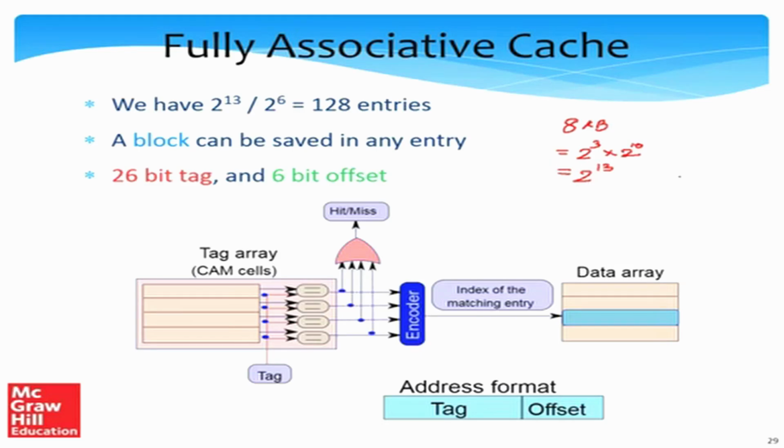And since one block is 2 to the power 6 bytes, 64 bytes, what is the maximum number of blocks that we can have in the cache? 2 to the power 13 divided by 2 to the power 6, which is 2 to the power 7, so 128. So we can have 128 blocks, so the cache will have 128 entries. In a fully associative version of our cache, we'll have 128 entries: 128 entries in the block array, 128 entries in the tag array, with a one-to-one correspondence.